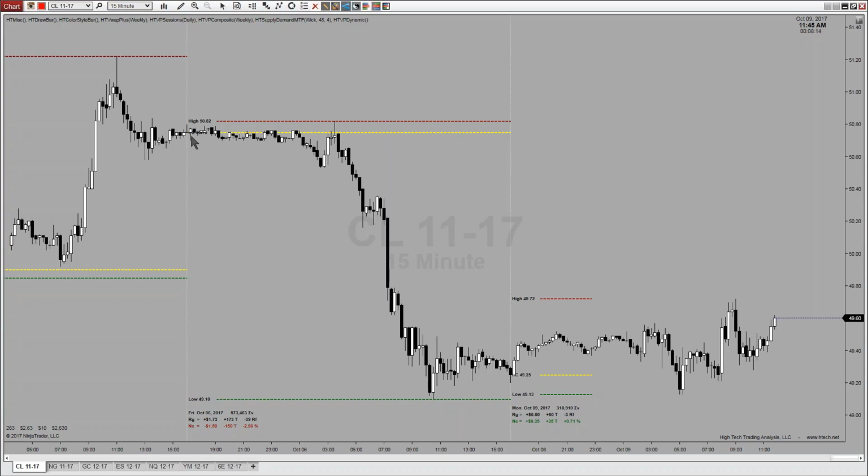Now we started off trading here and we ended up trading here, kind of giving us a range. We're looking to try to figure out how much trading activity was at each price level between the high and the low.